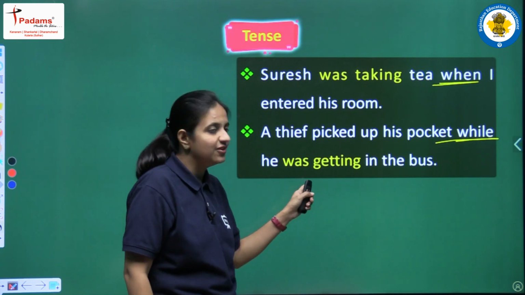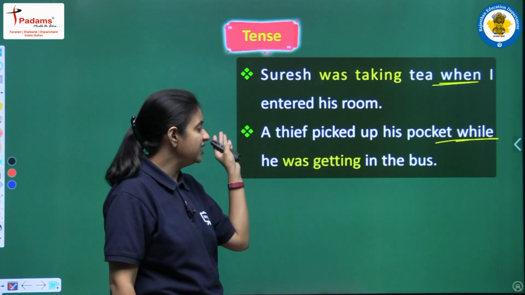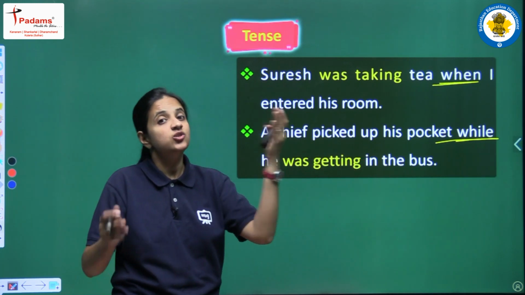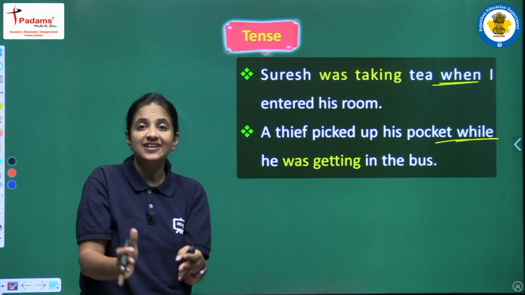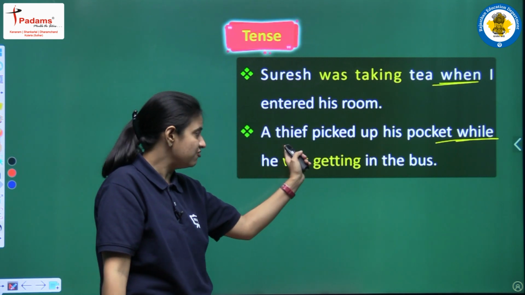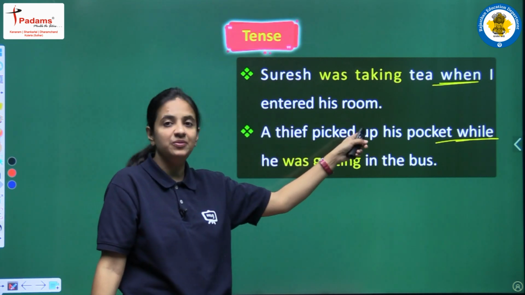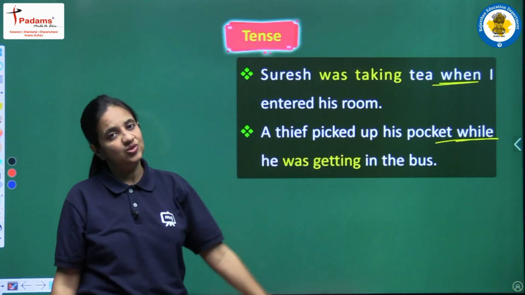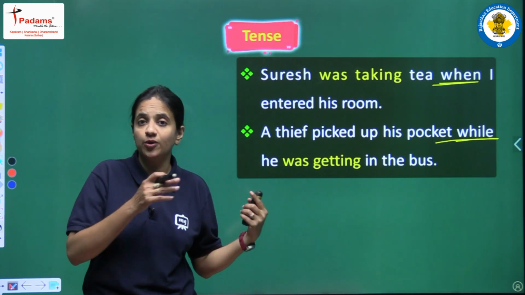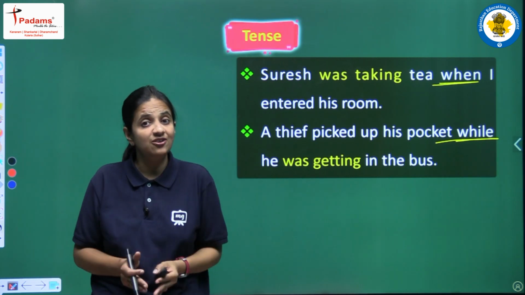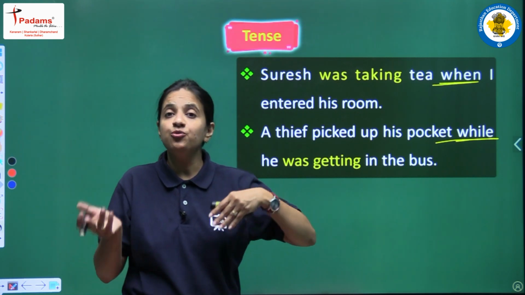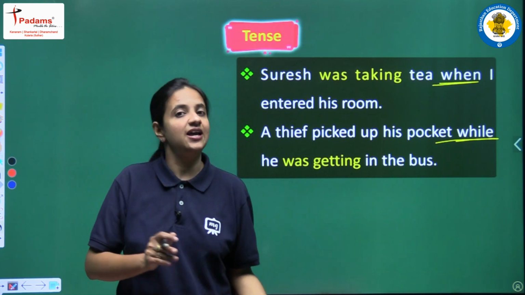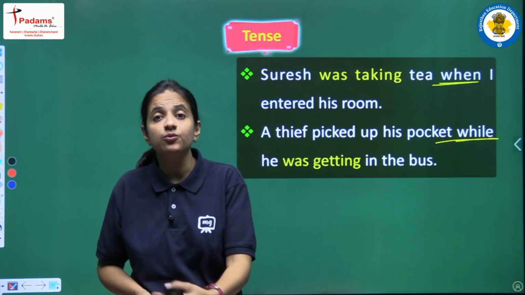So this was the activity that was in progress while he was getting in the bus. At that time, when he was getting in the bus, what happened? One thief was there and he picked up his pocket. Okay, so you have to observe such sentences very carefully, read them, and then identify which action was in progress and which action just took place.